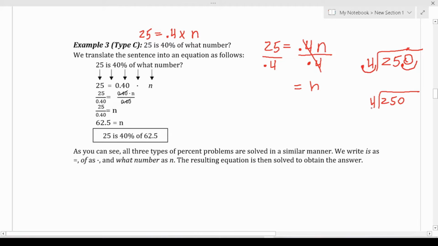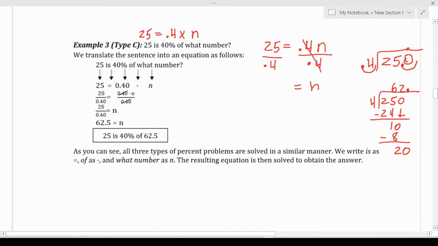All right, now the question is, how many times does 4 go into 2? It doesn't. How many times does 4 go into 25? It's going to be 6 times, given that 6 times 4 is 24. 25 minus 24 is 1. Drop down this 0. 4 goes into 10 2 times without going over. 4 times 2 is 8. 10 minus 8 is 2. 4 doesn't go into 2, so we have to add a 0.